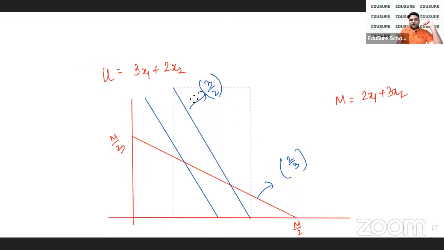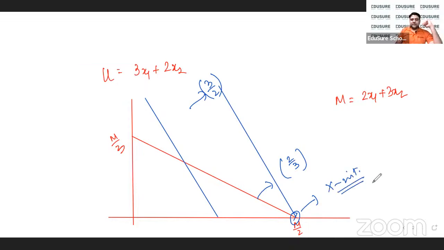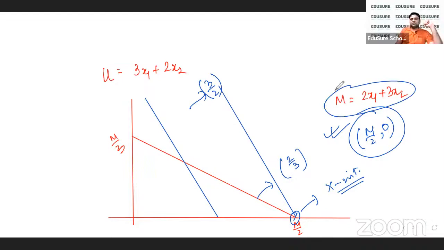In order to maximize my utility, I will get the highest indifference curve when I consume at the x-intercept. And x-intercept is m by 2. So m by 2 comma 0 is my utility maximizing point given the budget constraint of m equal to 2x1 plus 3x2. So this is question number 18.